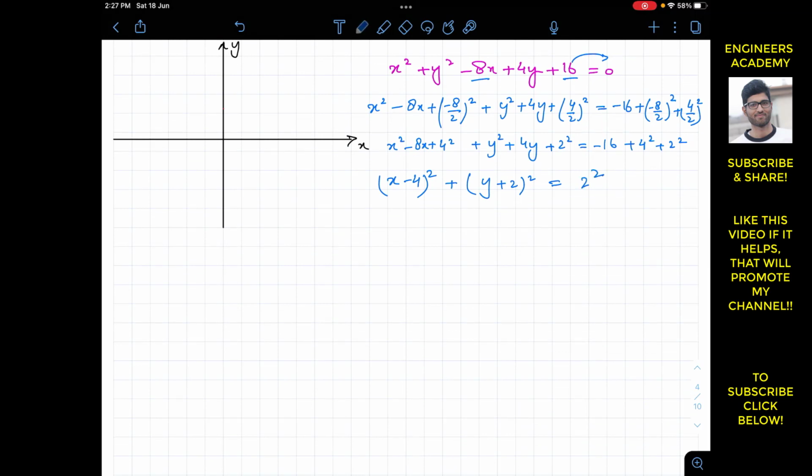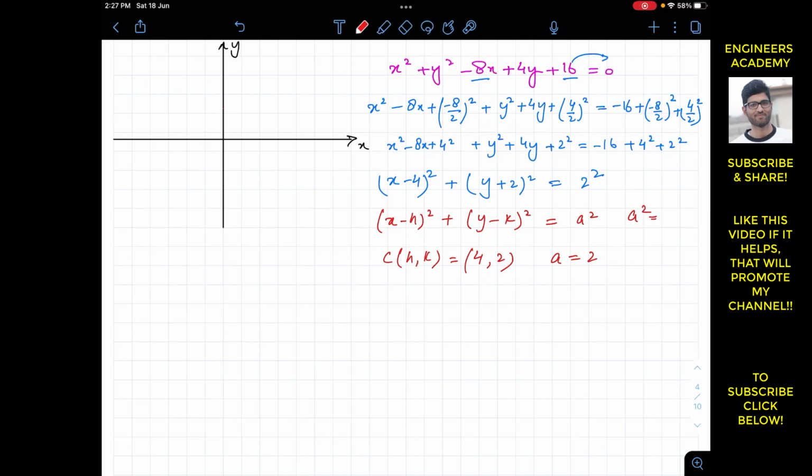So now compare it with the standard equation, that is the standard form of the circle, that is x minus h square plus y minus k square equals to a square. So now from this we can say that h is equal to 4, k is equal to 2. So the center hk is equal to 4 and 2, and the radius a is equal to 2.